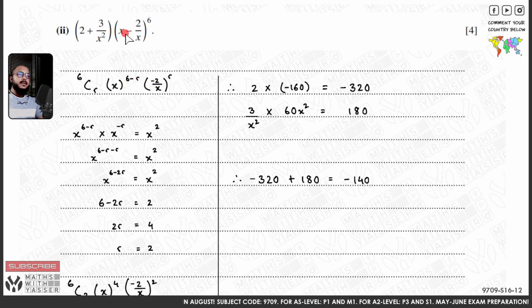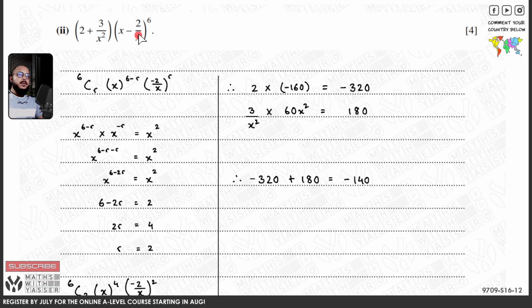I'm using only this bit to figure out which value has x square. So again, let's isolate the x only from this formula. So it will be x to the power 6 minus r times x to the power minus r equals, now it's not x to the power 0, we need x square.